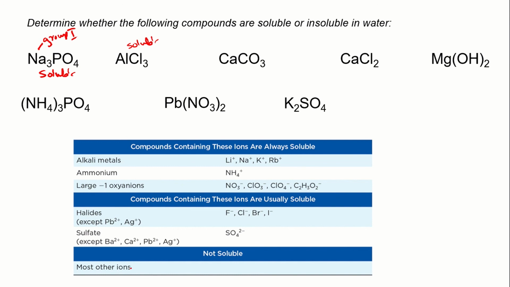Calcium carbonate. Carbonates fall here. Carbonates are not usually soluble, so this one is insoluble. Calcium chloride. Halides are usually soluble except these two, so this one is soluble. Magnesium hydroxide. Hydroxide comes under insoluble substances, so magnesium hydroxide is insoluble.